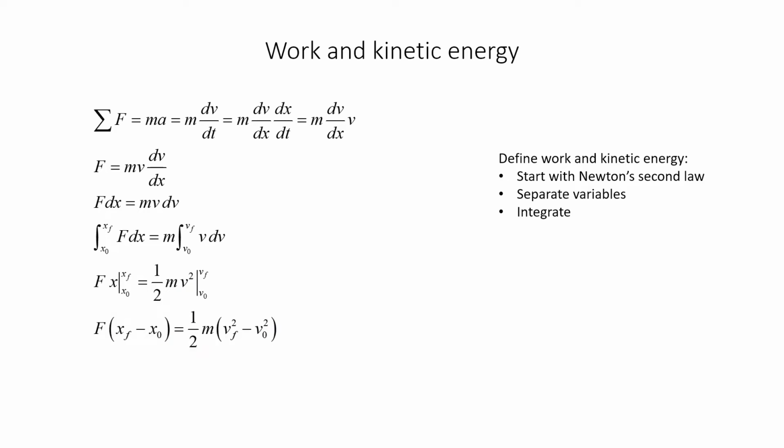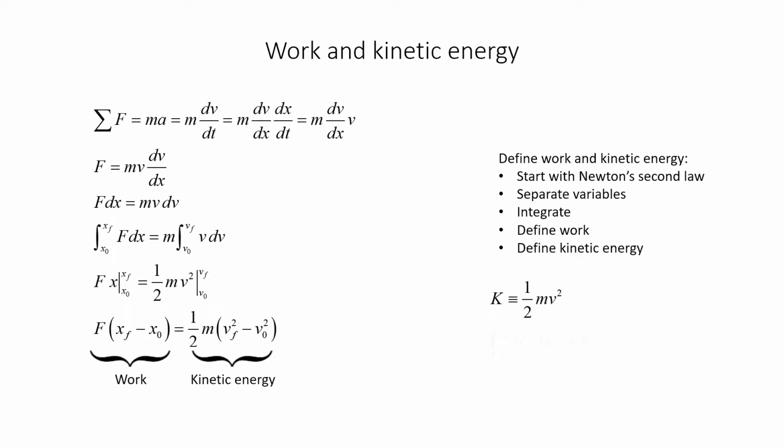The integral of F dx just goes to Fx from x0 to x final, and the integral of mv dv goes to 1/2 mv squared from v0 to v final. The term on the left is the work, F times the displacement. The term on the right we'll define as kinetic energy.